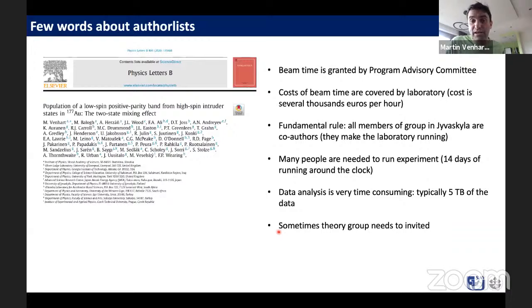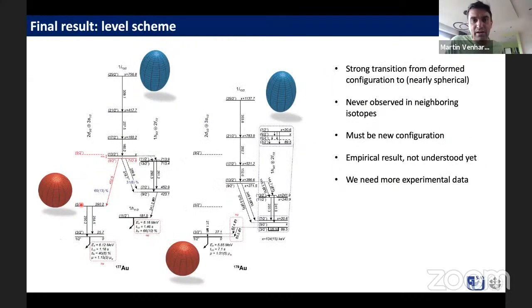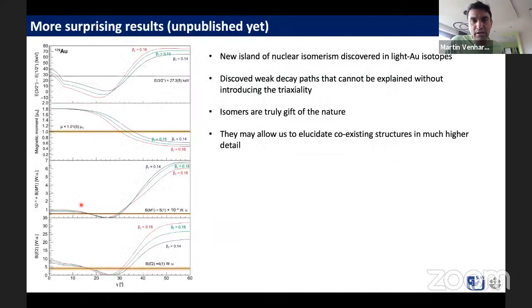Sometimes we invite the theory group to help us with the interpretation of the data. So at the end, you get quite a huge author list, many collaborating institutions, but that's the only way this kind of experiment can be done today. So this is really an example of a big international collaboration.